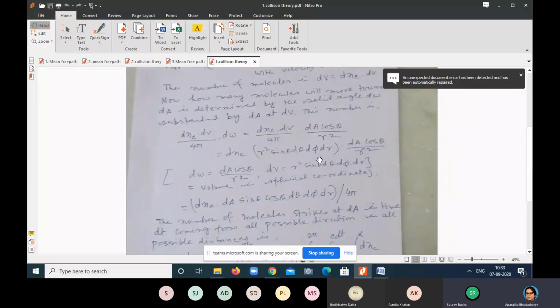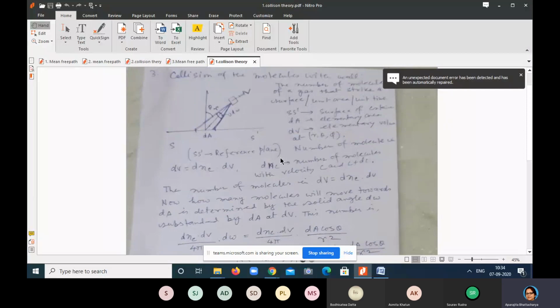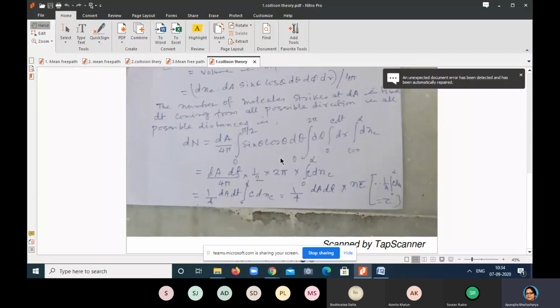But in the exam, you need not evaluate the whole thing. It may be the first part of the question, and this can be the second part, so that you can use your first part answer in the second part. Otherwise, you can just put it if you can memorize it, and you should memorize C bar and C square bar for the Maxwellian distribution. It is nice to remember it.